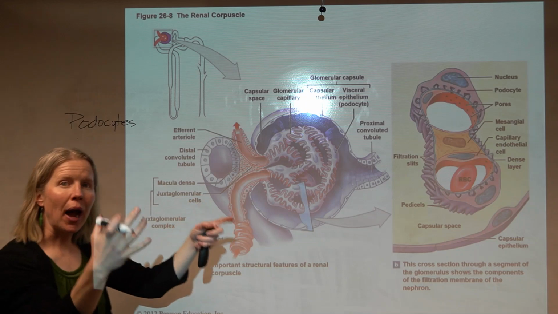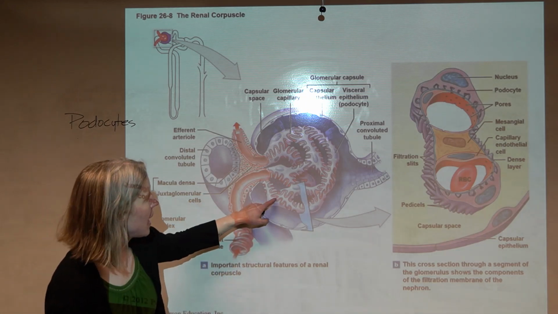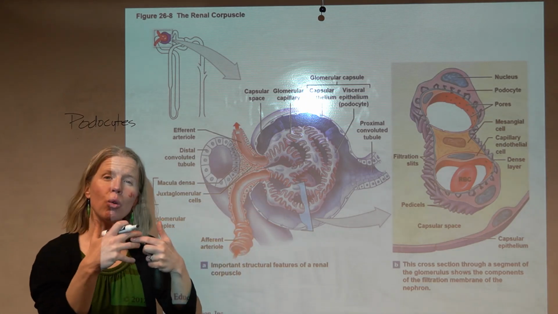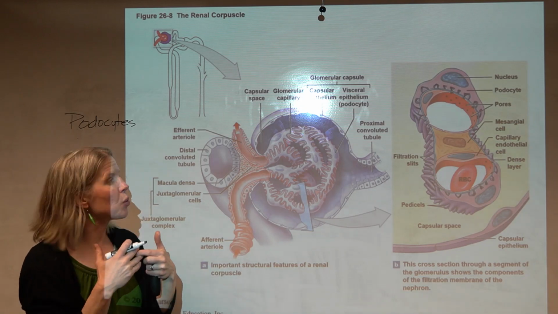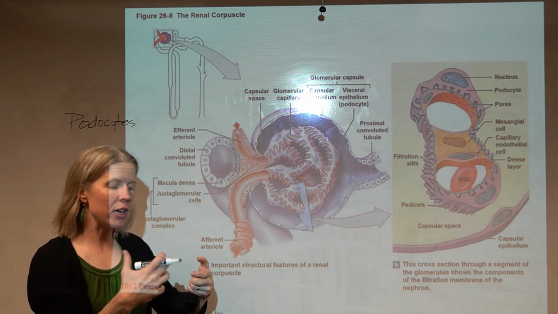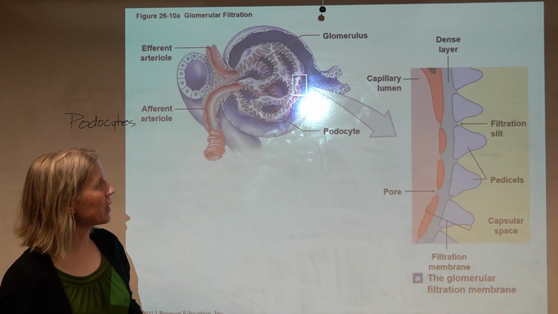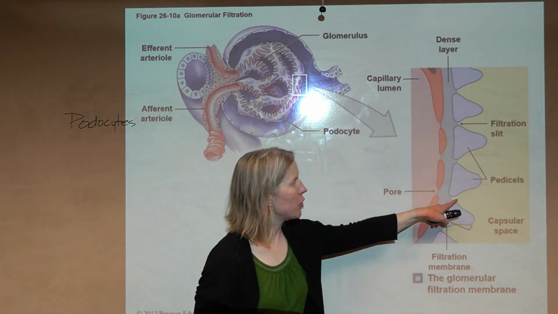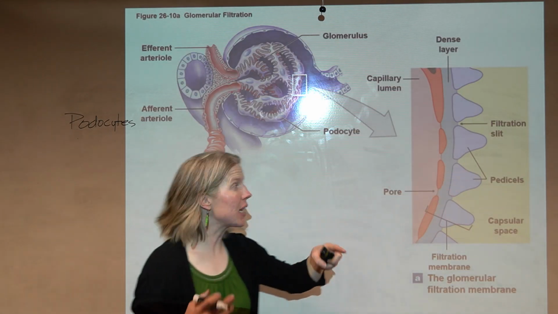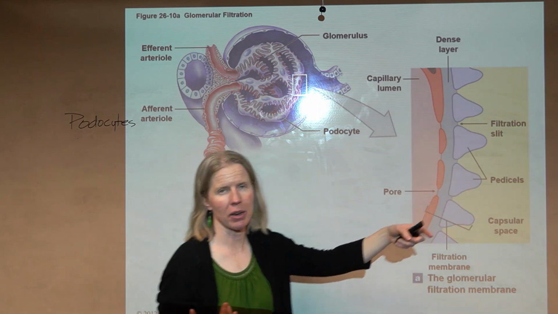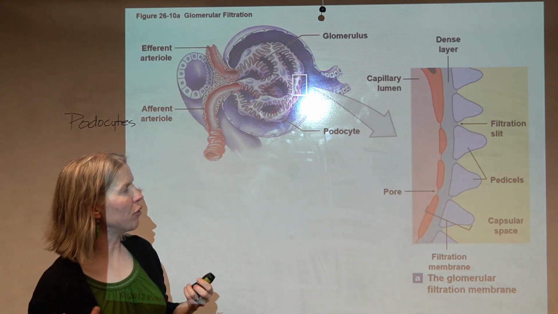They're wrapping the capillary, but they have these little feet and they don't wrap it completely. And so what we end up finding is that in filtration, anything that's going to get through here has to be able to fit through between the feet of the podocytes, the pedicels, and those are called filtration slits.